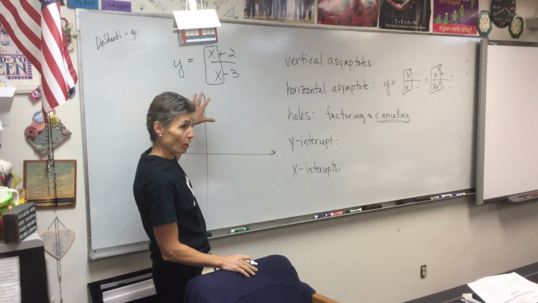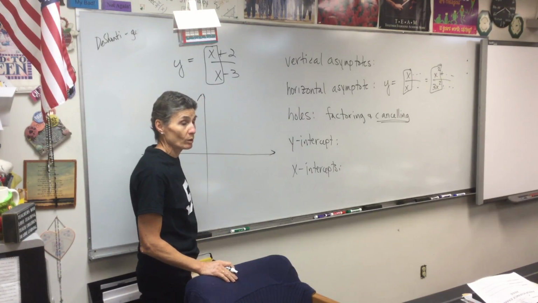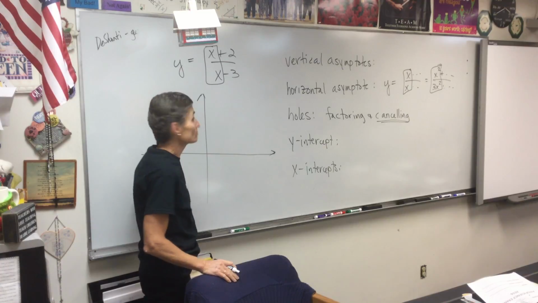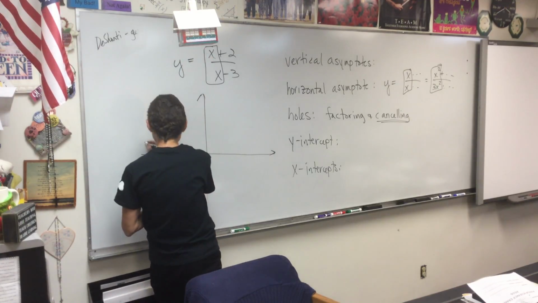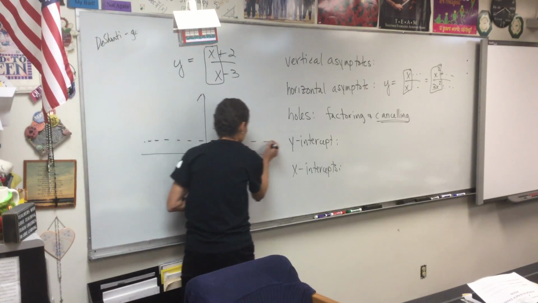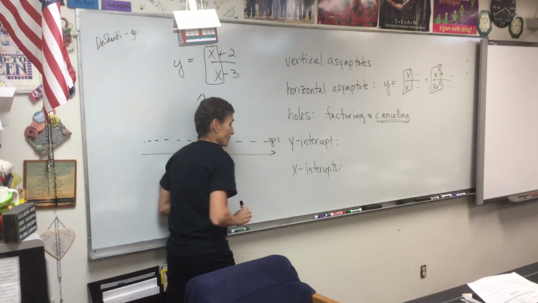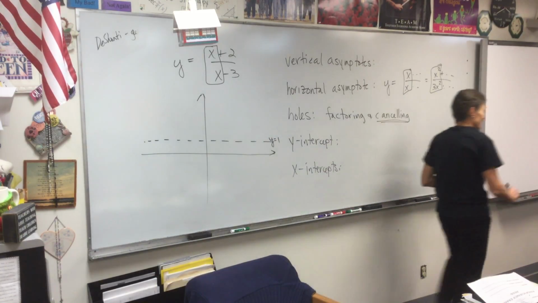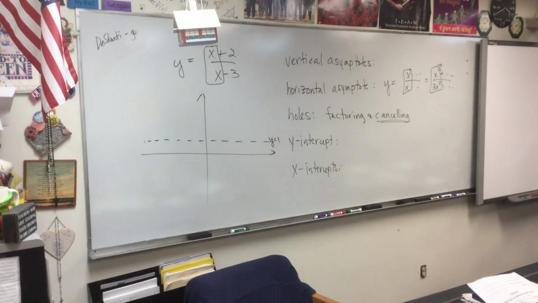So in this problem, what is my horizontal asymptote? 1. So I have a horizontal asymptote at Y equals 1. Notice it's Y equals. Your horizontal asymptote is Y equals. All right, anybody remember anything else?